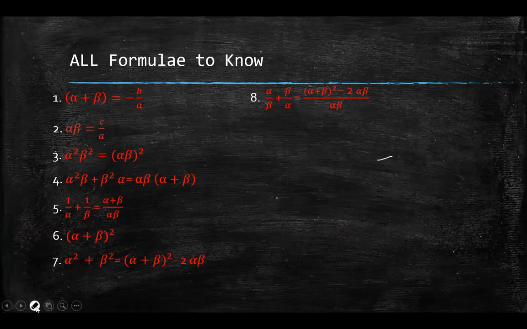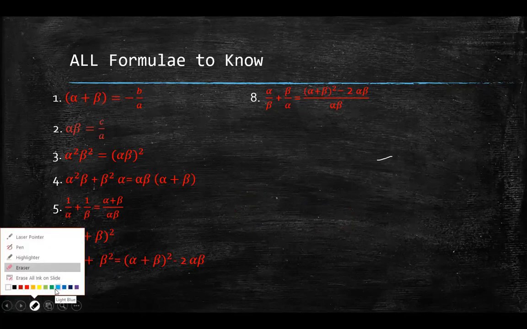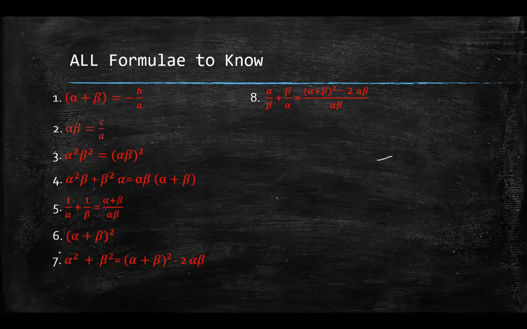This, and this. Do not ever mix them up, please. Never, ever, ever. That is a very common mistake, and you will get it wrong. Alpha plus beta, all squared.